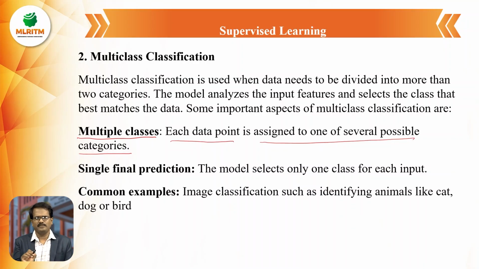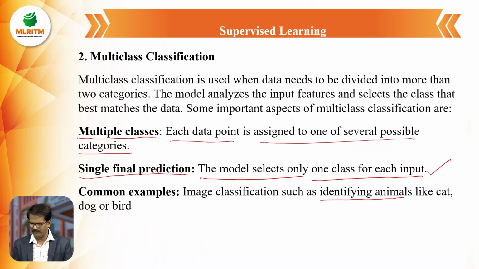A data point belongs to any one of the classes, not all classes. Single final prediction. The model selects only one class for each input. This is the most important point. One of the best examples of multi-class classification is identifying animals like cat, dog, or bird. What does it mean here? Three types of classes: cat, dog, bird.